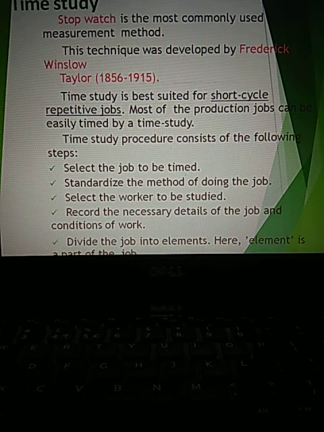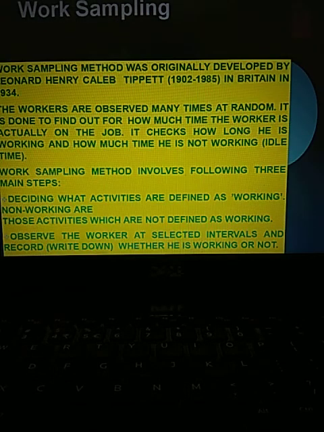Record the necessary details of the job and divide the job into elements. What is an element here? Nothing but a part of the job. By using the stopwatch, you will observe the time gaps, the duration of the time, and conclude one standard time. This is the time study method.